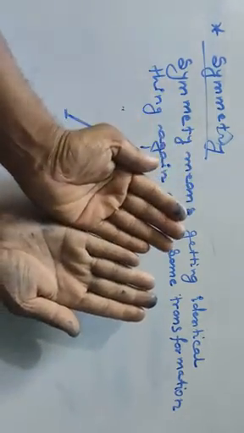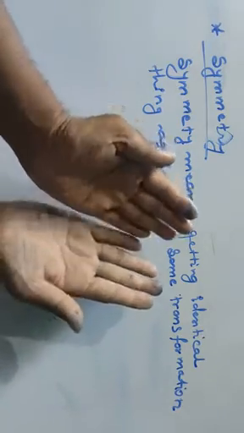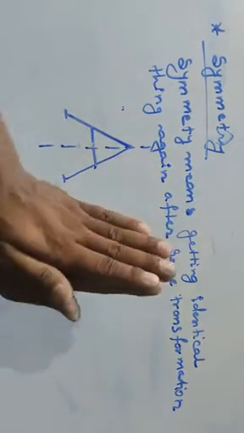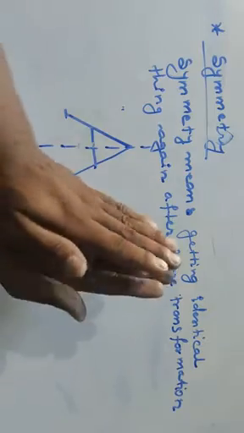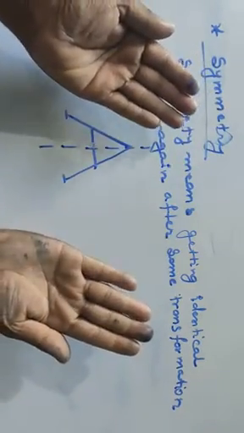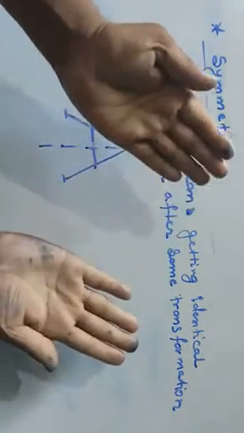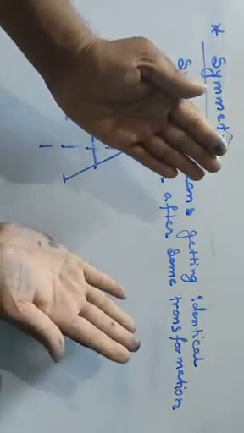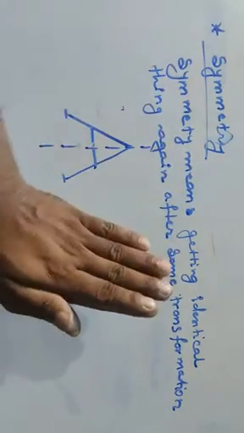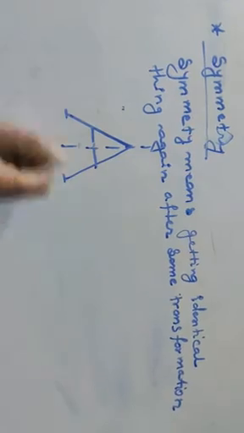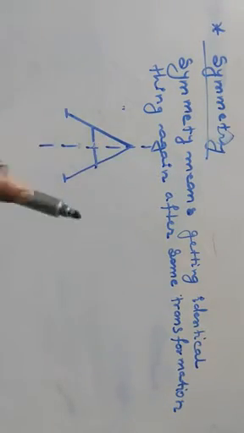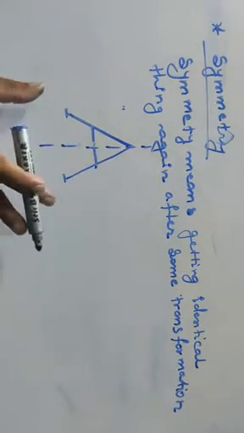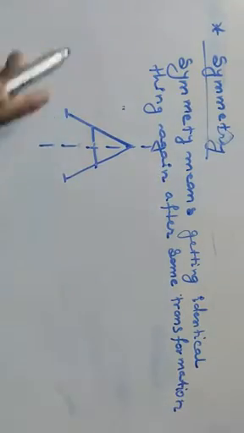When we add both parts, it makes one whole. Symmetry can divide any kind of figure into two equal parts. That is called symmetry.